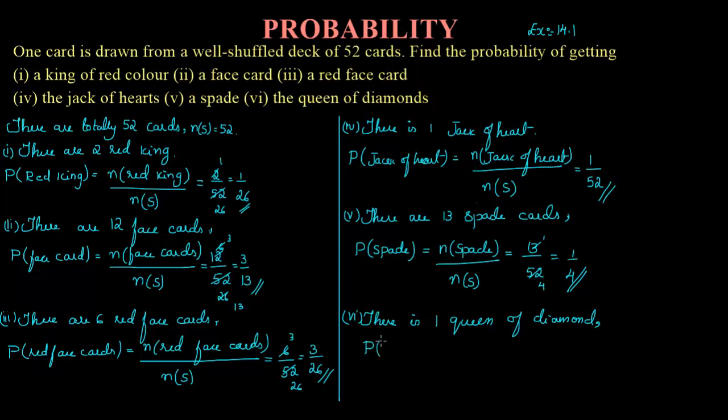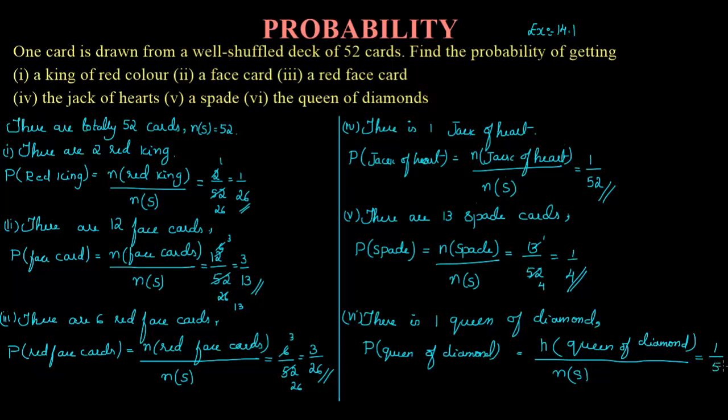So the probability of queen of diamond is equal to the number of queen of diamond divided by the total number of cards. So only one queen of diamond is there.